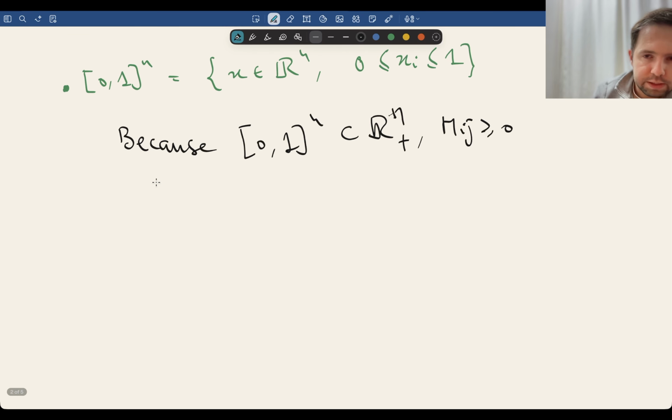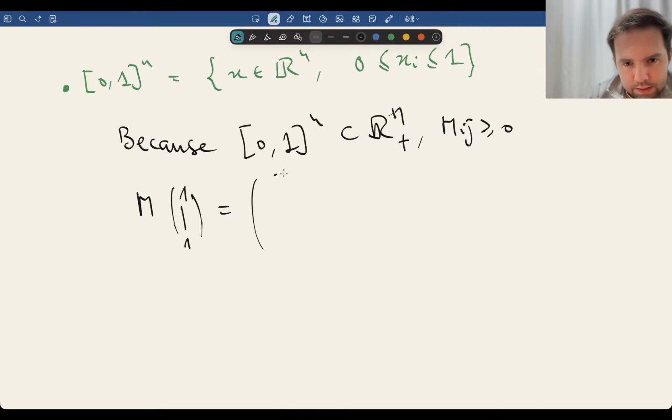And now if we take a look at M times the vector 1, 1, ..., 1, so only ones, this will look like the sum of m_1j for j equals 1 to n, and then the sum of m_nj for j equals 1 to n.